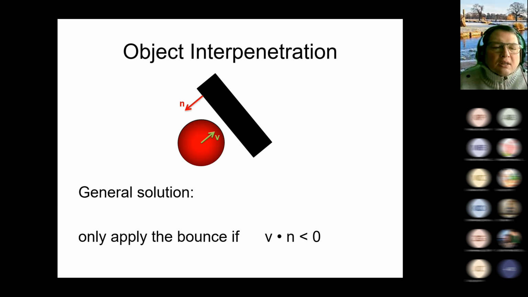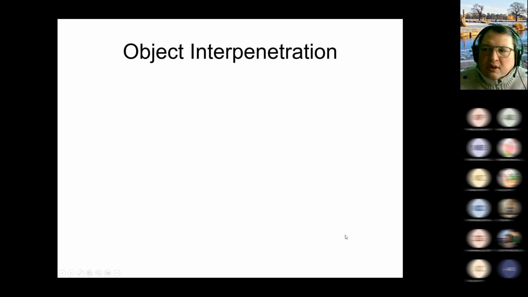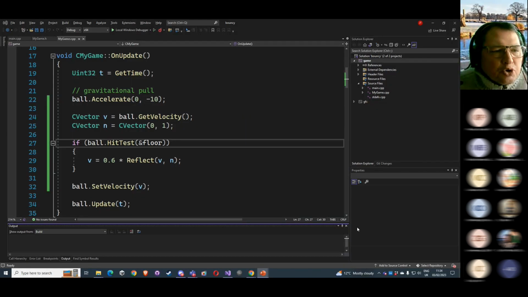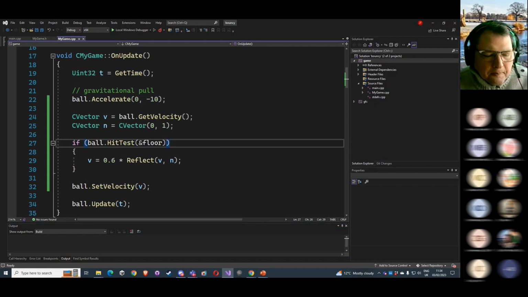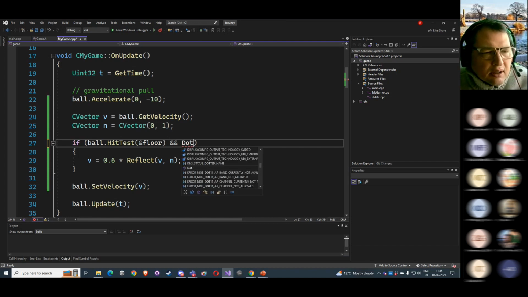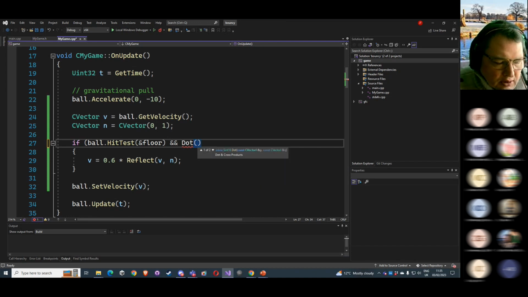But if v dot n is positive, this will mean that the object has already bounced off the surface, and we should give up any further attempts to reflect this velocity. So I will add an additional condition here.